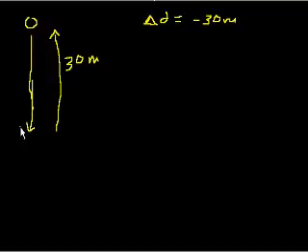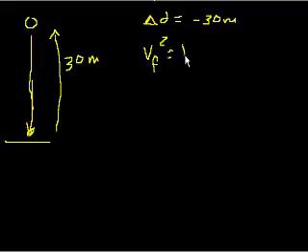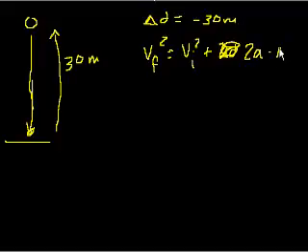Now, if I ask you how fast is that ball going to be right before it hits the ground? I could rewrite all the formulas, but I think hopefully you know them by now. There are two interesting formulas we might use. VF squared is equal to VI squared plus 2A times change in distance.